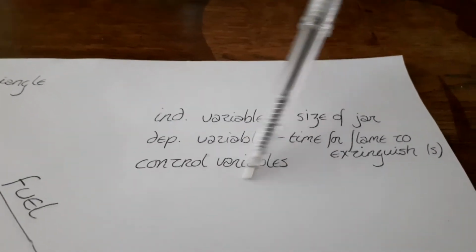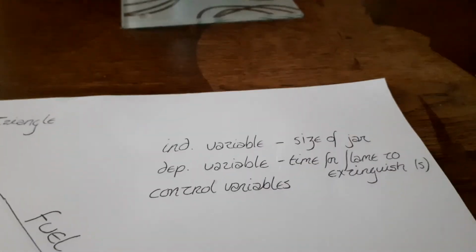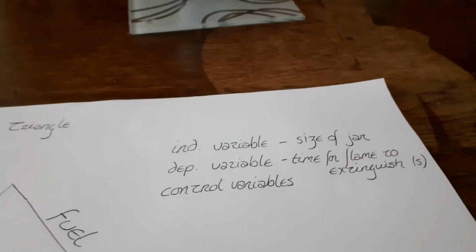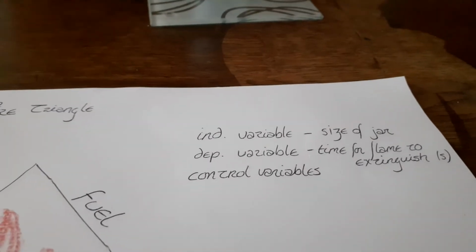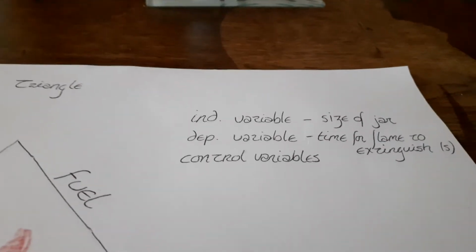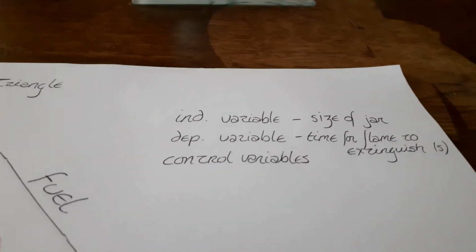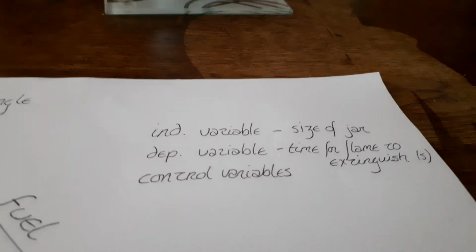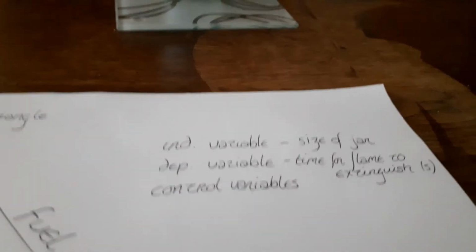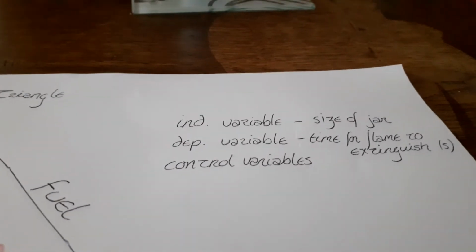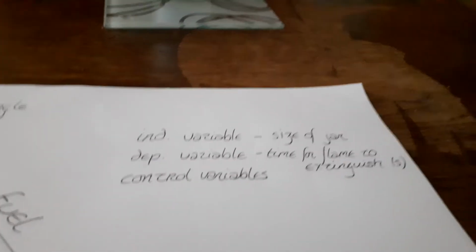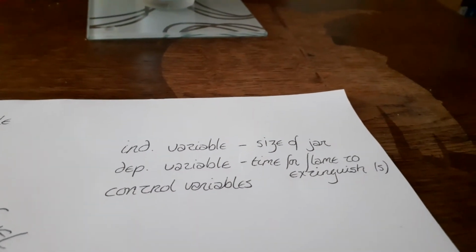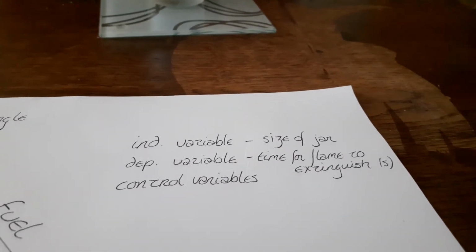Control variables. These are the things you want to keep the same. Now, if I was at school, I would say the same person lighting the candle and putting the jar over it, and the same person doing the timer. Now, either you work with a parent to do this or you do it all on your own. You will also need either the same candle or identical candles. You will need the same air.